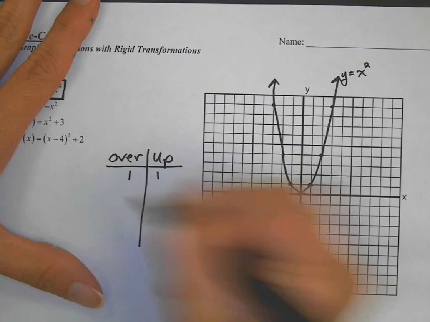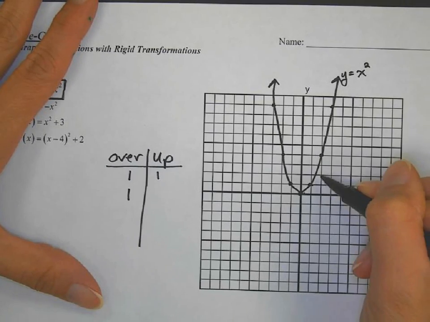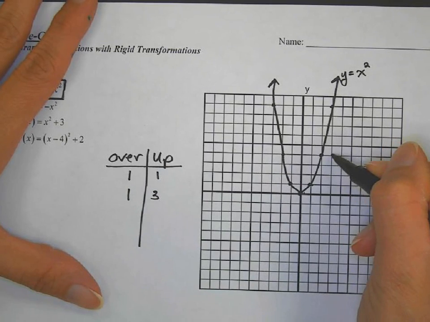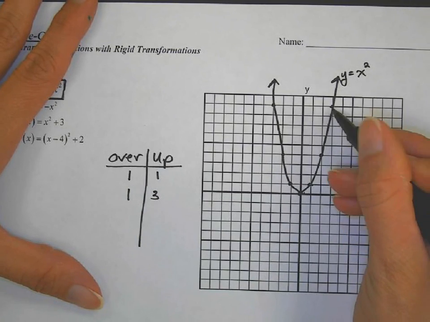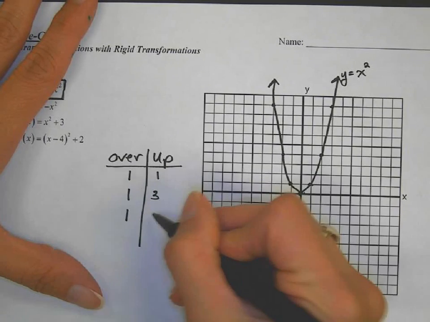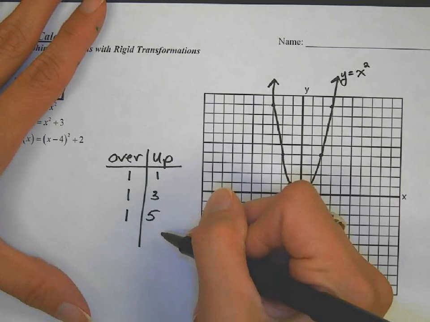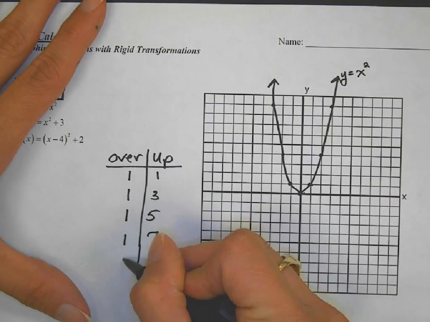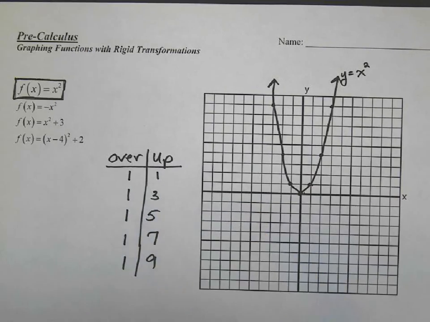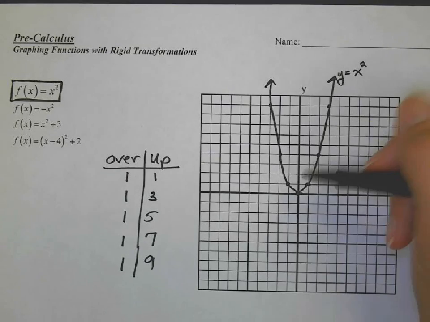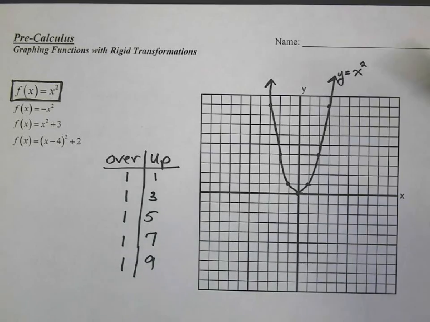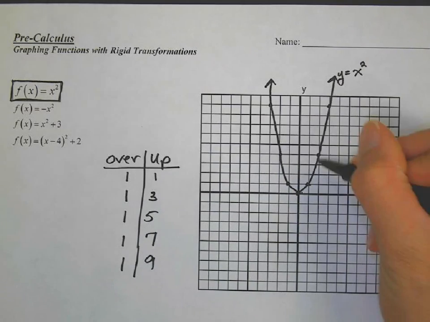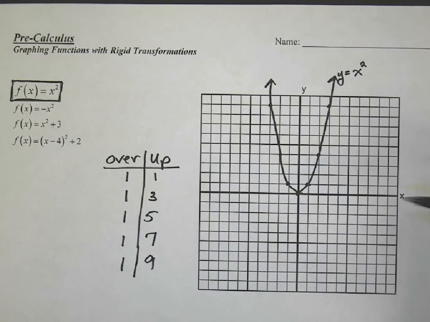To get to the next point, we're going to go over 1 and up 1, 2, 3. To get to the next point, it's over 1 and up how many boxes? Up 5. If we continue this pattern, it would be over 1, up 7, over 1, up 9. So what you have to remember for a parabola is he grows up at a growth rate of 1, 3, 5, 7, 9 from point to point to point.